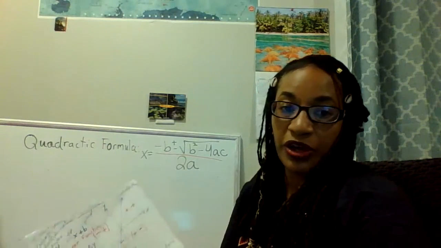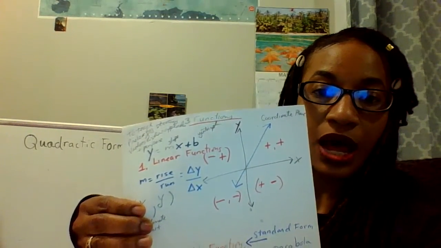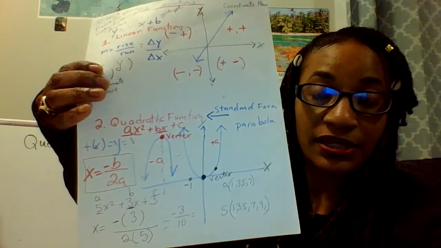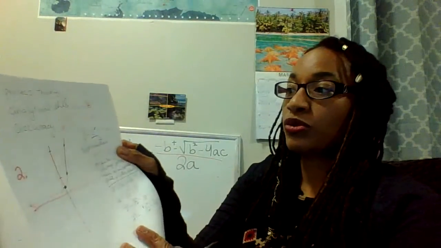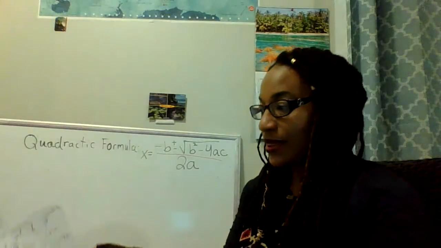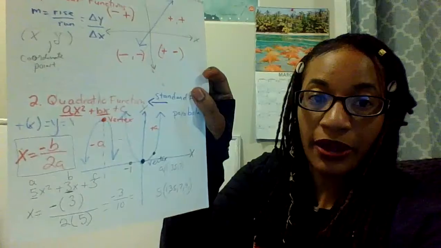So you have linear functions, which usually consists of creating a line. You have quadratic functions, which consist of parabolas, and then you have, of course, exponential functions, which we'll get into later. But we're going to be focusing first on the quadratic functions, okay?